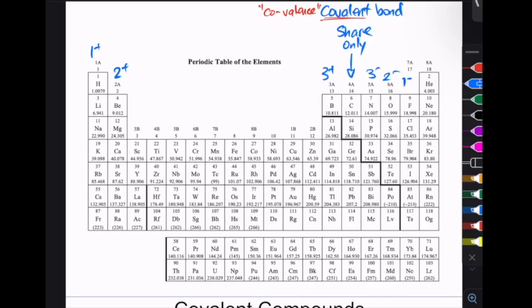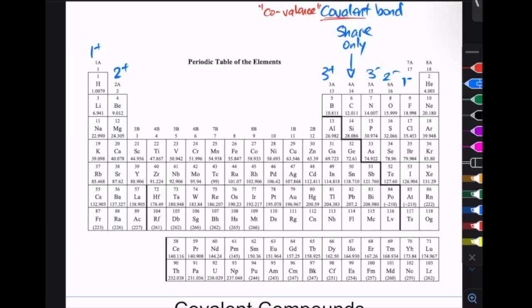As you get to the heavier elements, these so-called rules for whether it's a covalent bond or an ionic bond get a little murkier. When we're dealing with group 4, carbon and silicon, those will only share. But when we have nitrogen and oxygen, or phosphorus and sulfur, so some of the group 5 and group 6 elements, and some of the group 3 elements as well, we will find that those will sometimes form covalent bonds and sometimes they'll form ionic bonds as well.